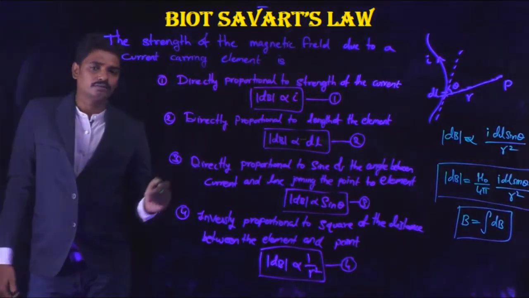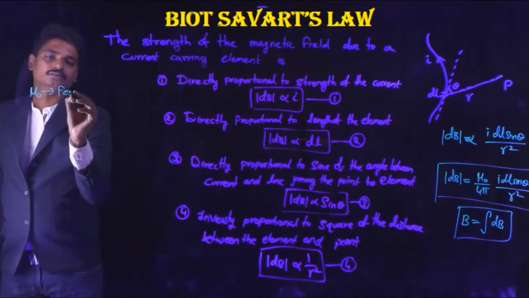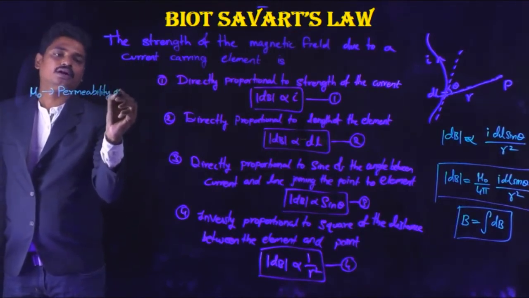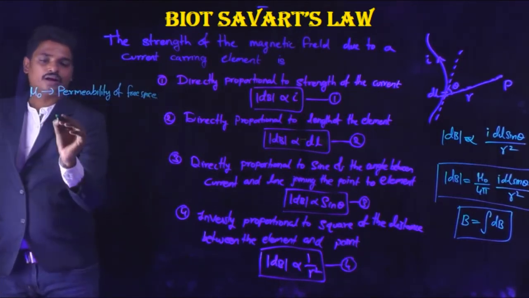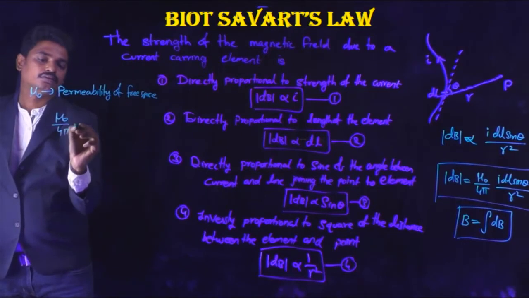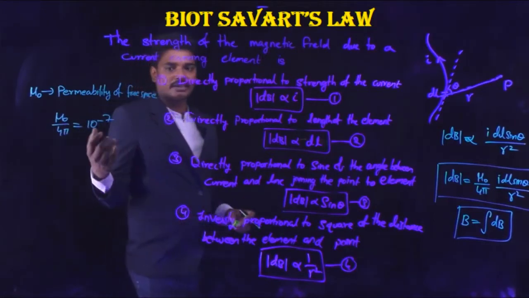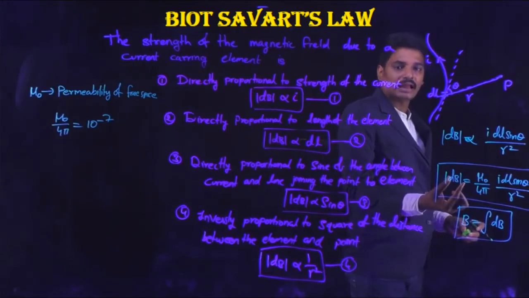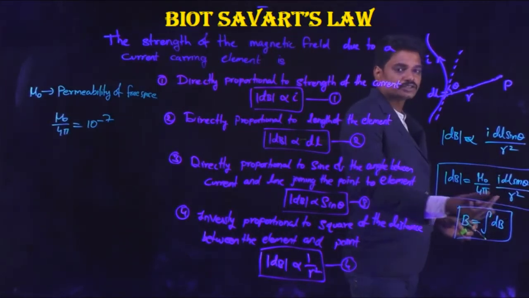What is meant by mu naught? Mu naught is nothing but the permeability of free space. The value of mu naught by 4 pi is 10 power minus 7. The units of mu naught by 4 pi: the unit for magnetic field is Tesla, for current is amperes, dl is length in meters, and r square is meter square.